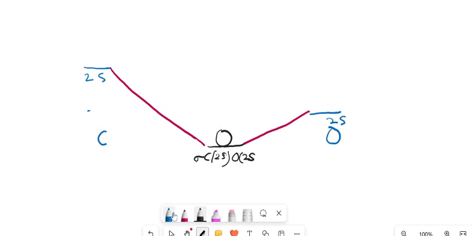Similarly, it has 2 electrons. This is the molecular orbital formed by the combination of the atomic orbitals. Then the anti-bonding molecular orbital is formed by the subtraction of the atomic orbitals of carbon and oxygen, that is, 2s and 2s of both of these, and is represented as sigma star C2s O2s.